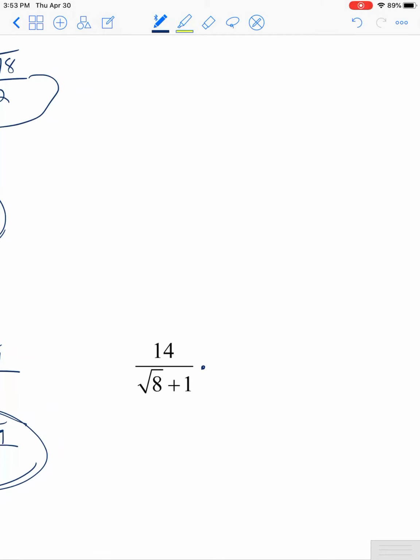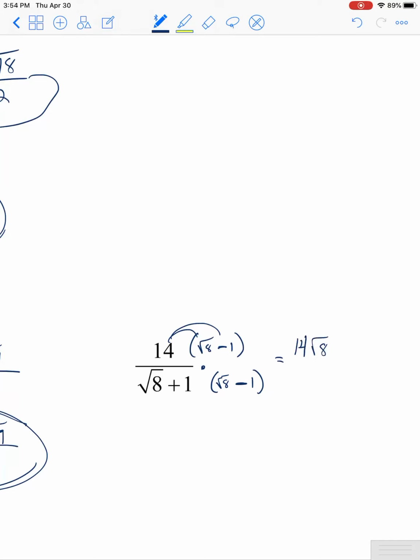Okay? We'll do one more example of conjugates. All right, so I need to multiply by the conjugate, which in this case is going to be minus. Multiply this by square root of 8 minus 1. Now I've got to go through and multiply these out.